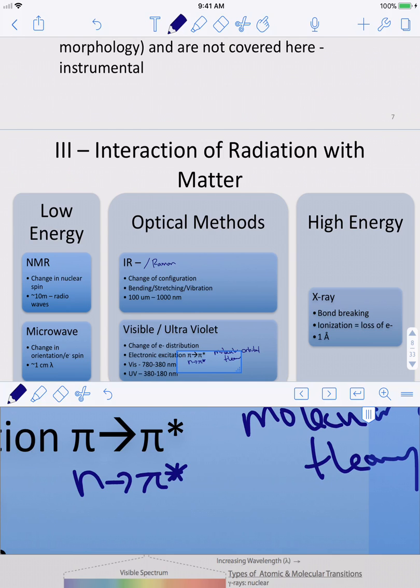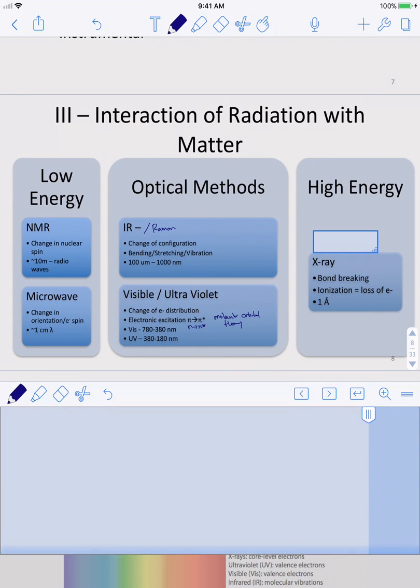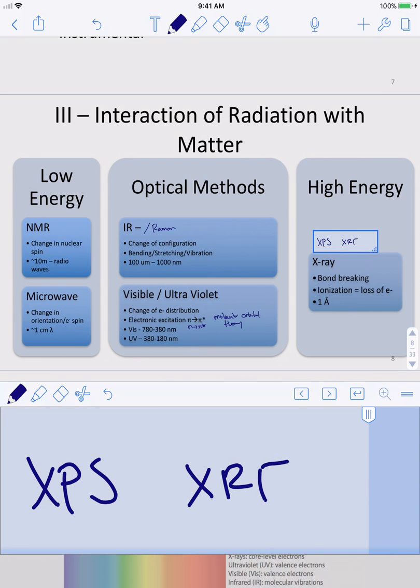And then we go to even higher energy, and we get to things like X-ray. We can have XPS, which is X-ray photoelectron spectroscopy, and we also have things like X-ray fluorescence, XRF or TXRF.